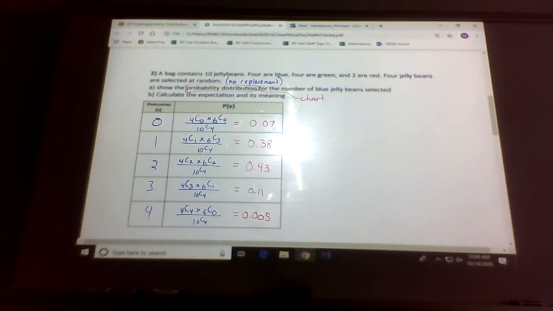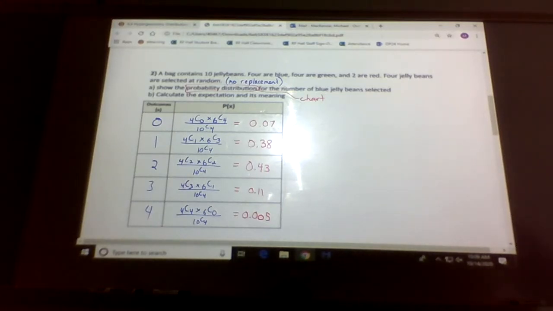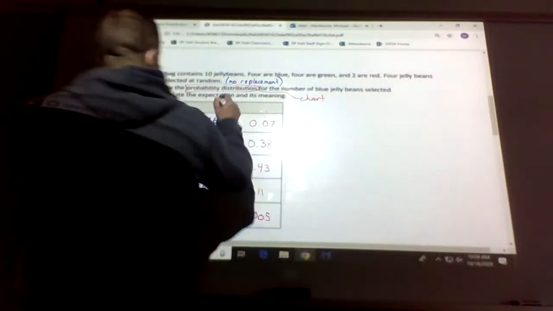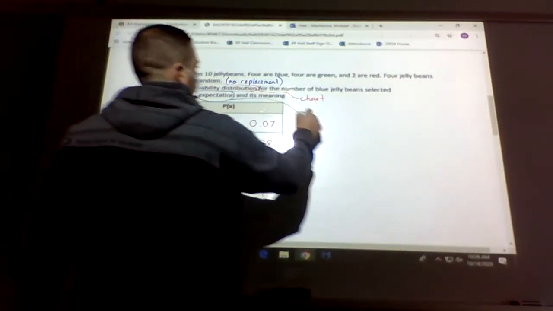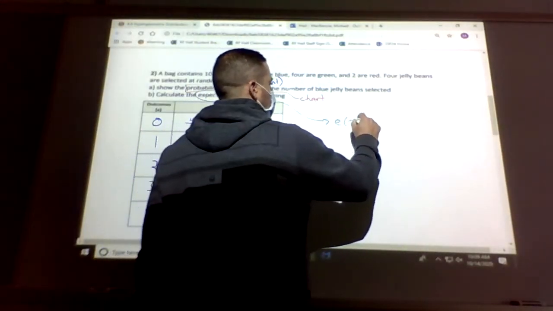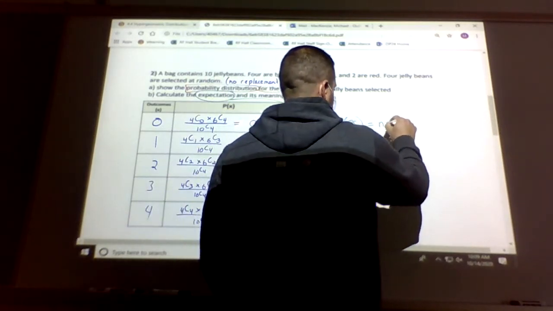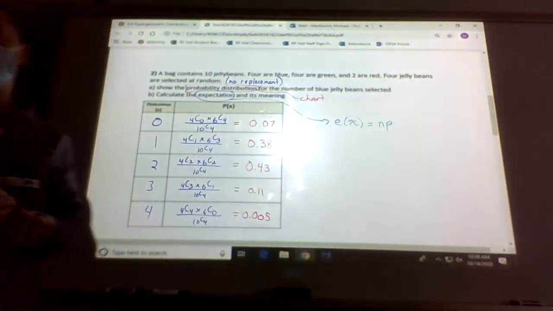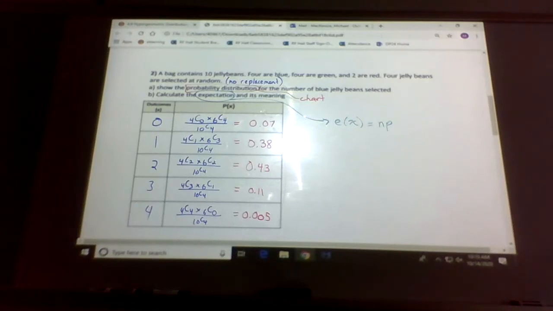Okay, now it says expectation. So calculate the expectation, that's the E of X. Use the same formula. They do have a different one in the textbook, but just use this. They have like N A over something.